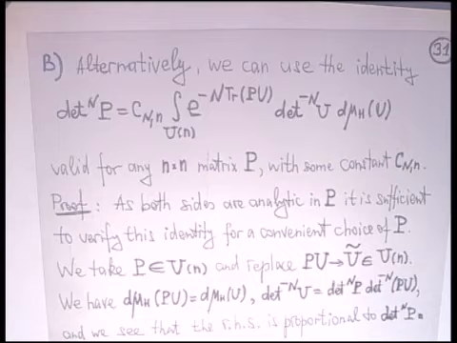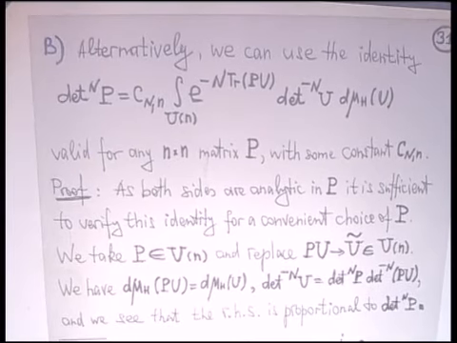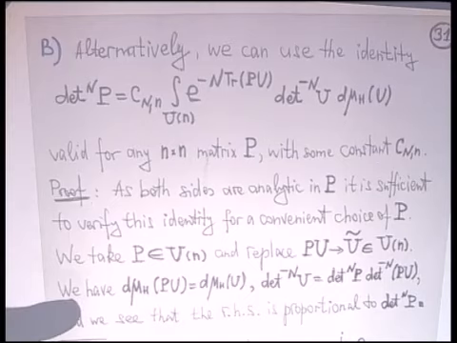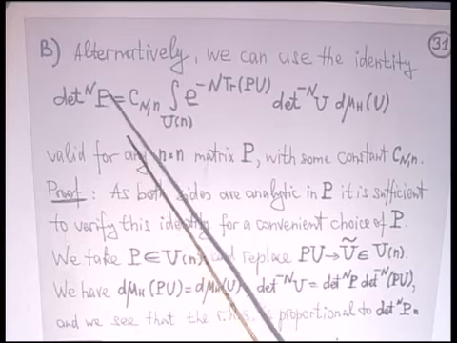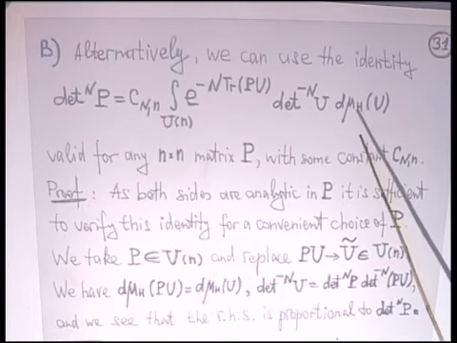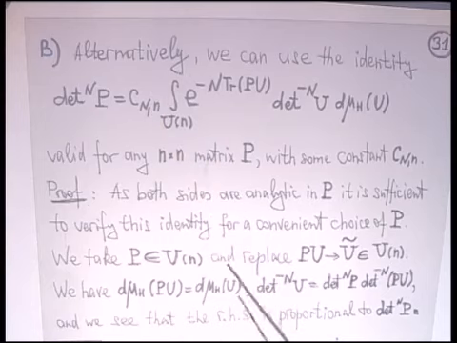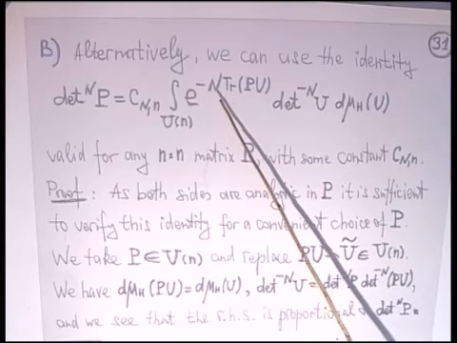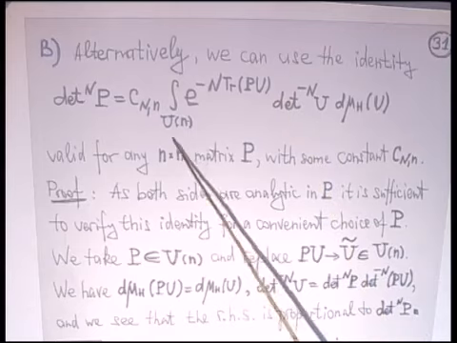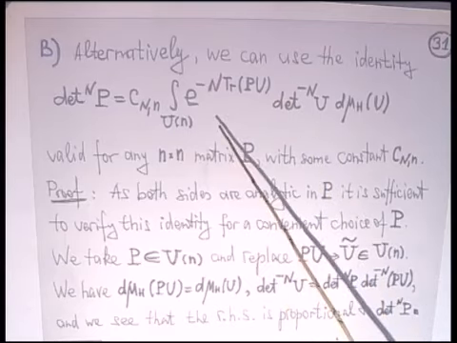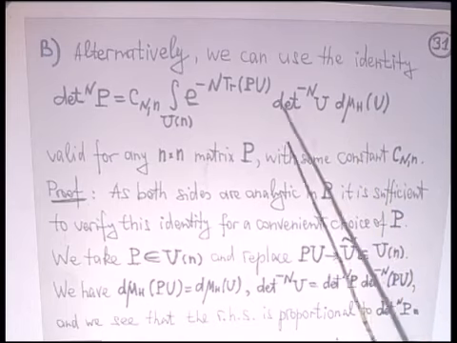One can check that for any matrix P with commuting entries, with usual entries, and also definitely where they are just from the even part of the Grassmann algebra, but we do not need it, there is the following identity up to a constant which one can calculate, but it's just a constant depending on small n and capital N. You just take the integral of exponential minus n trace of this matrix P times a unitary matrix of dimension n from the unitary group, and you integrate over the unitary group with Haar measure and insert the factor determinant minus nu. This is the analog of that.